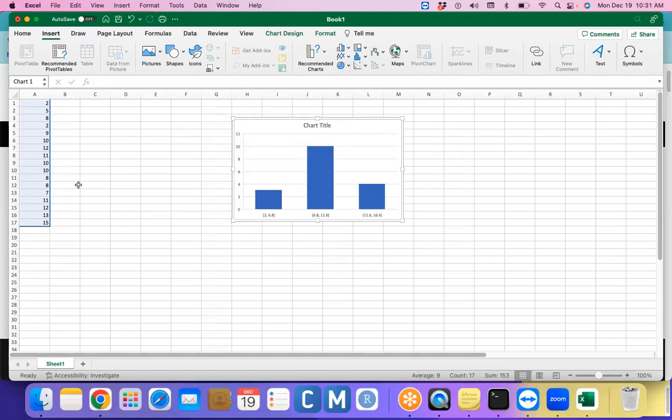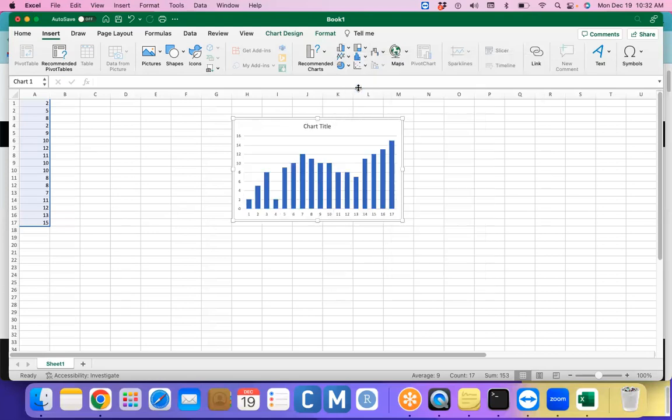So yes, I hope you understood. The data in between 6 and 8, there are three elements. The data was in between 6.8 and 11.6, there are some 10. See, this is the overall distribution.